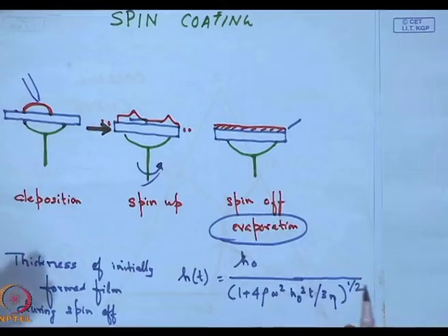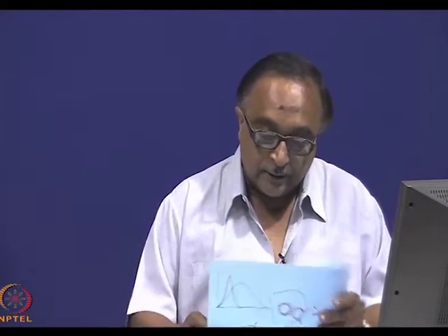If I try to determine, because if spin coating is so helpful a material, then I should be able to model it so that I can get reproducible coatings.